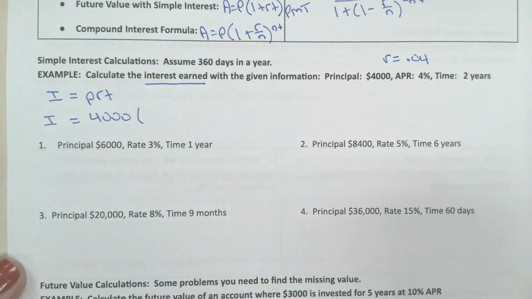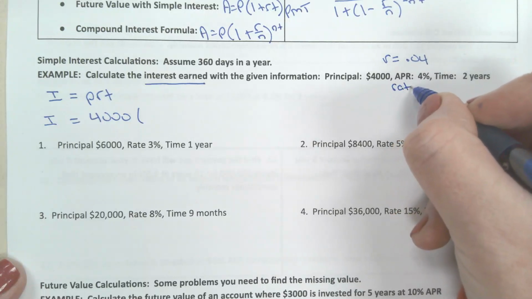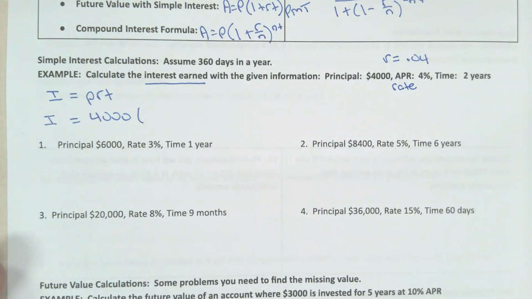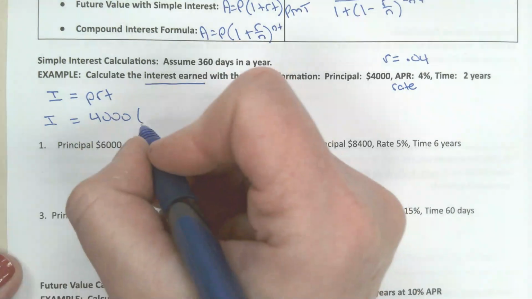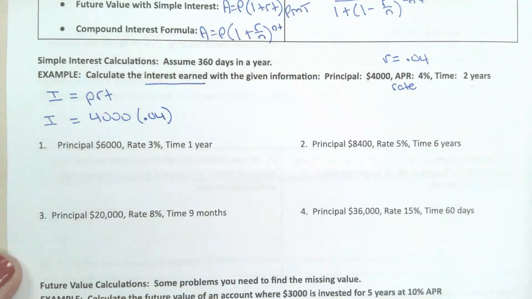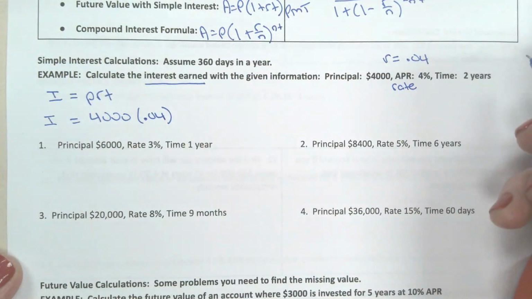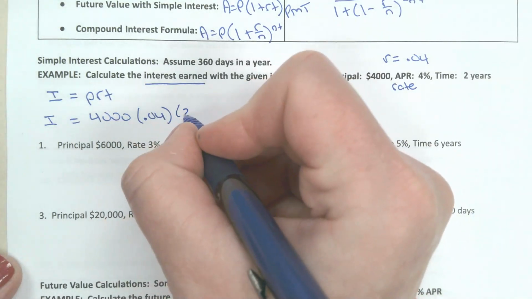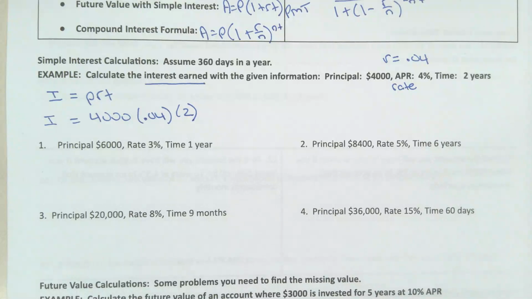APR is the same thing as rate, so when it gives you an APR, you're plugging that in place of R. You need to convert that to a decimal by moving it 2 spaces to the left. And the time is always going to be in years, and this is for 2 years.